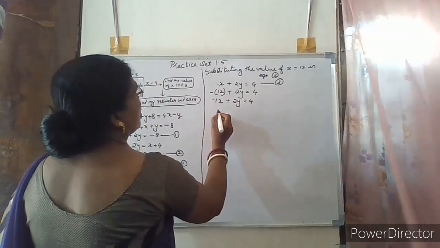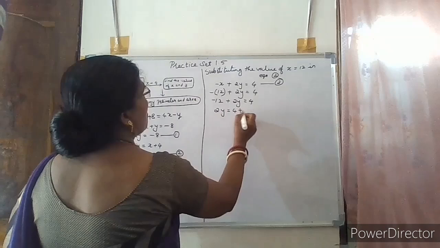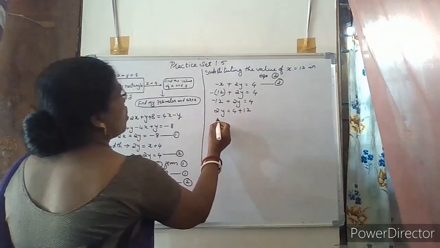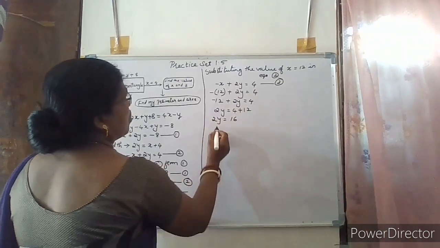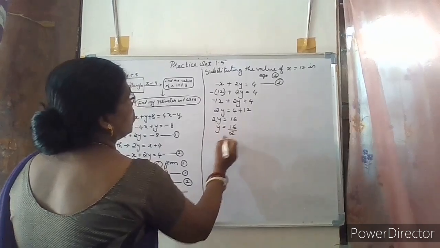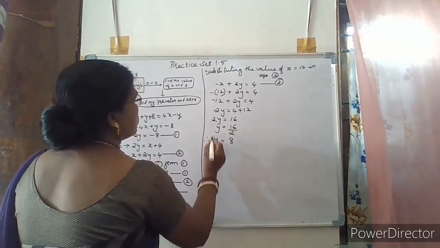So 2y is equal to 4 plus 12. So 2y is equal to 16. y is equal to 16 by 2. Therefore y is equal to 8.